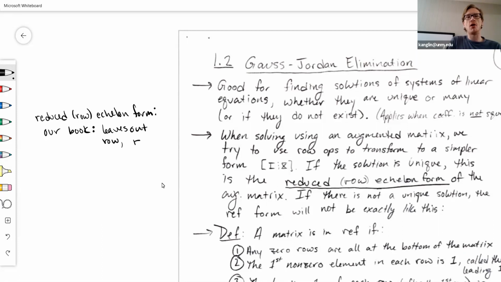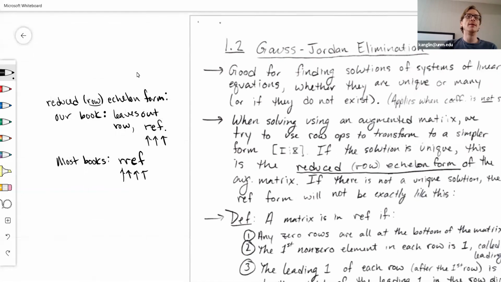And you might refer to this as REF, according to our book. Reduced echelon form. Most books, and most sources you'll run into, would leave that word row in here, and so they'd refer to this as reduced row echelon form, where you have two R's here, right? Reduced row echelon form. So our book refers to these things a little bit different than most.